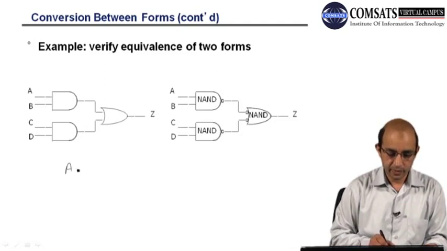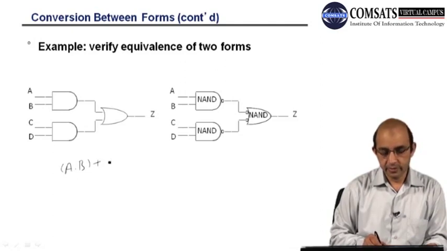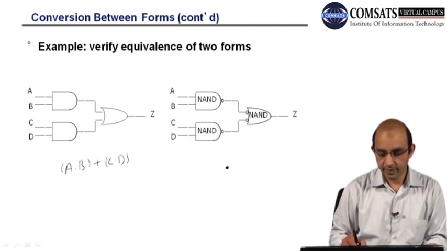So A dot B plus C dot D. I'm placing brackets. If you compute this, what we will have is A B whole bar, and then C D whole bar, but they already are.